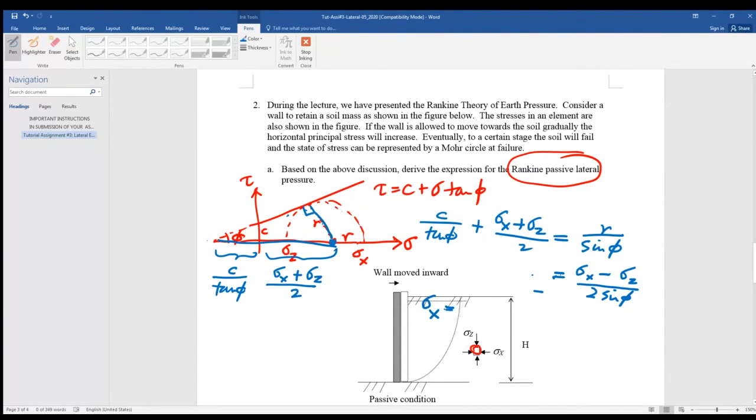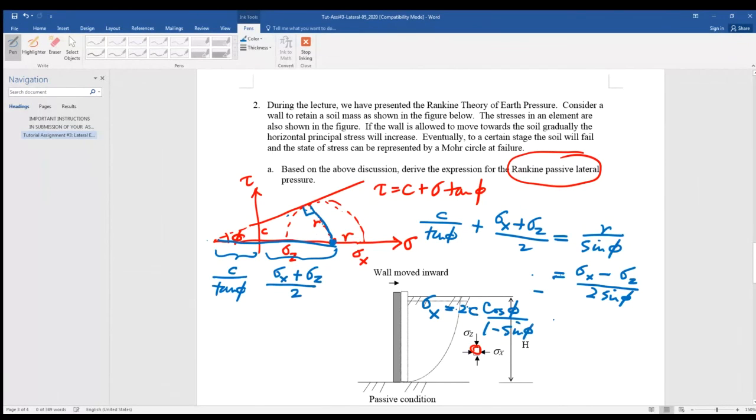Sigma x equals 2c cosine phi over 1 minus sine phi, right?